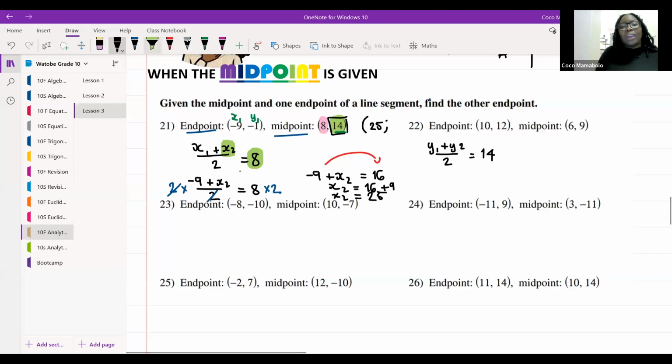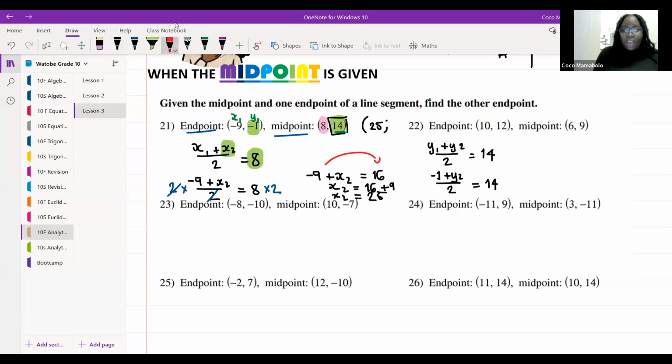I know what my y1 is. My y1 is -1. So I'm going to replace y1 with -1. So this will read -1 plus y2 over 2 equals 14. And then we're just going to do the same thing over and over again.